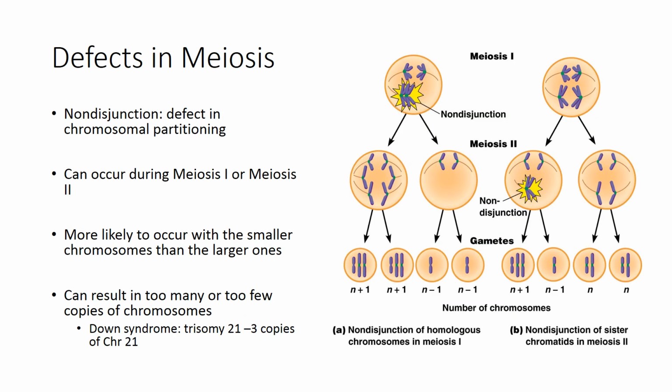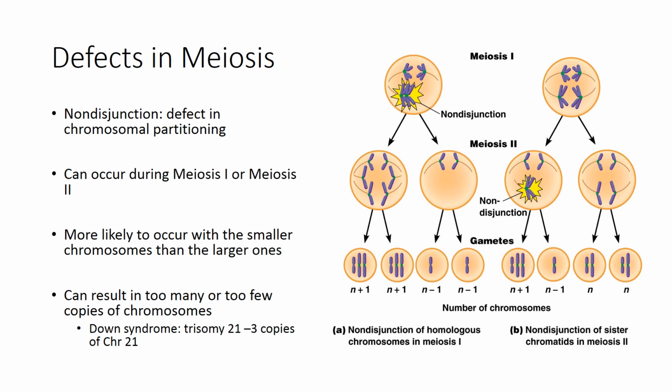Okay, if meiosis doesn't occur correctly, you would have something called non-disjunction. We talked about this a little bit when we were talking about mitosis and what would happen if the spindle didn't attach correctly. So, for example, you can see up here the cells going through anaphase. And remember, we talked about if the spindle doesn't attach on one side, then all of those get pulled to this side, and this side gets none of that chromosome.